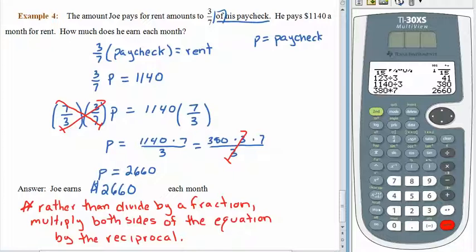So that fact that dividing by something is the same as multiplying by its reciprocal comes in really handy. And we're going to use this idea a whole lot in a future lesson.